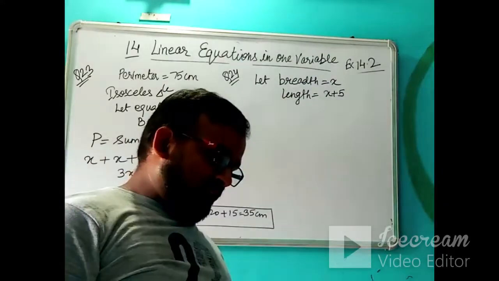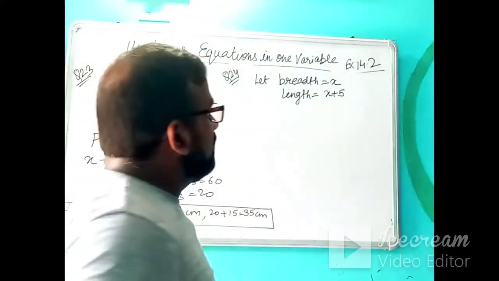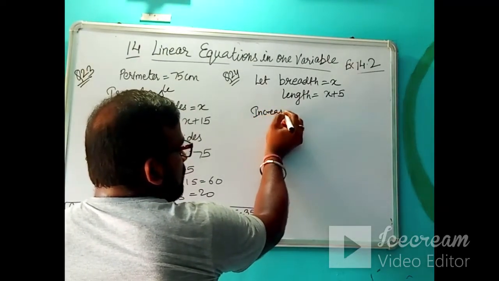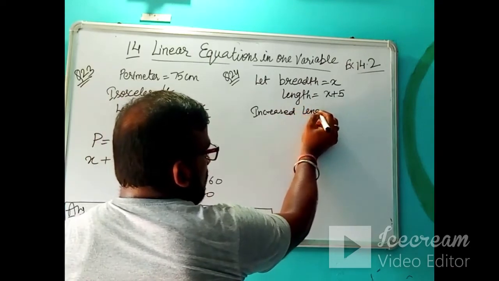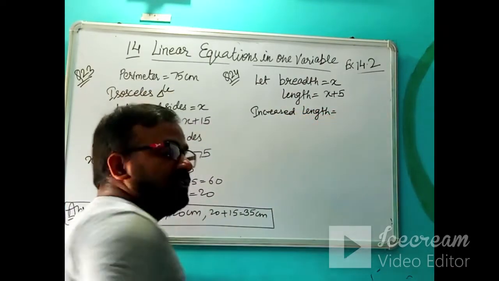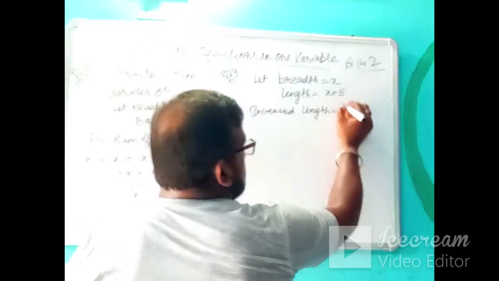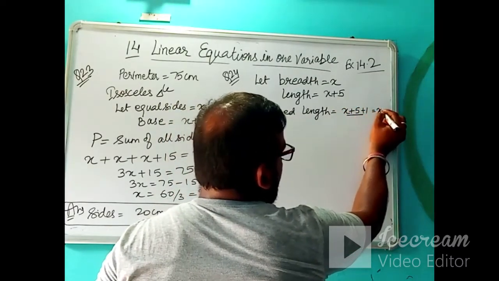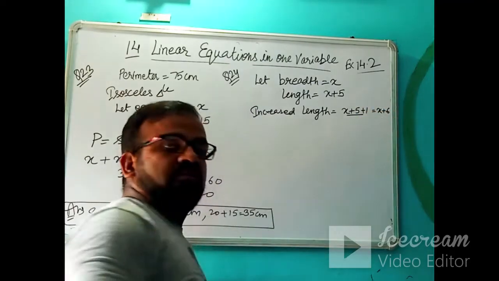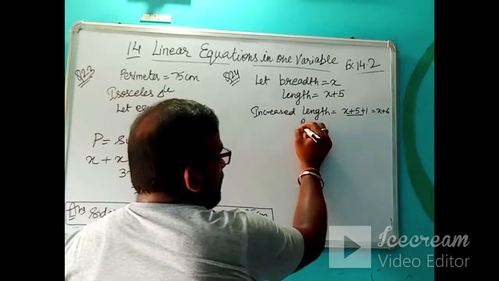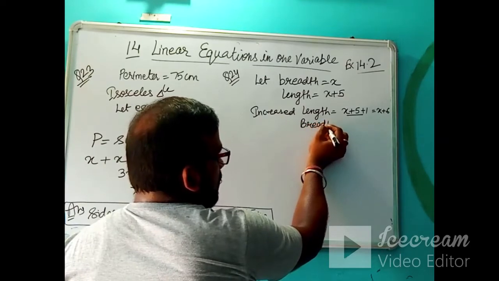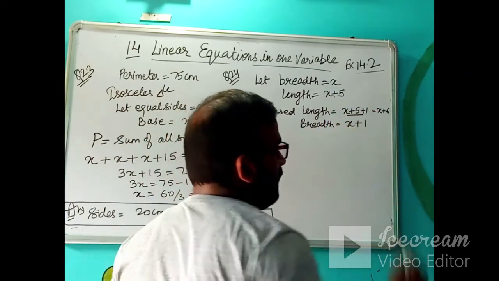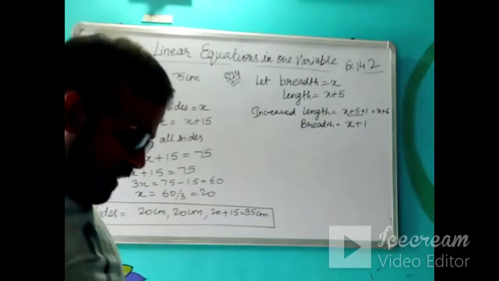If the length and breadth are increased by 1 centimeter, increased length will be how much? It is increased by 1 centimeter, so x plus 5 plus 1, that gives x plus 6. And what is the increased breadth? Previously x, now increased by 1, so x plus 1.